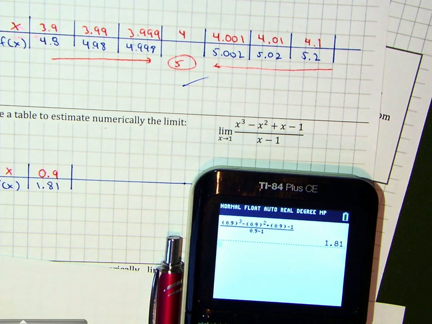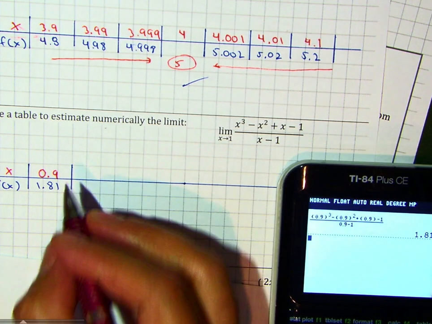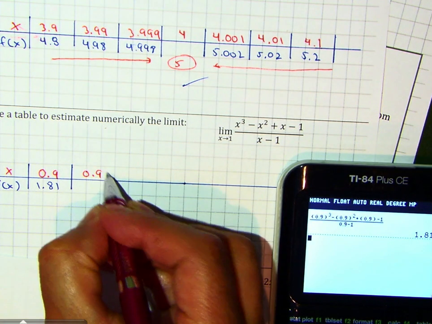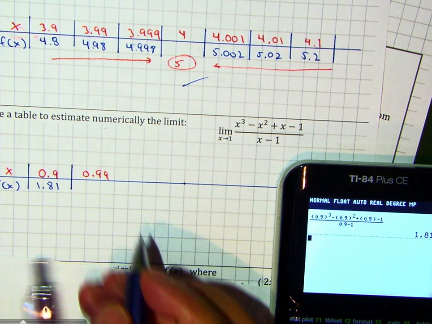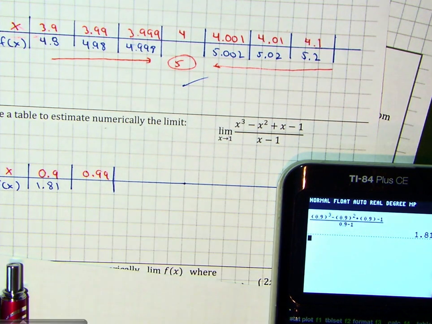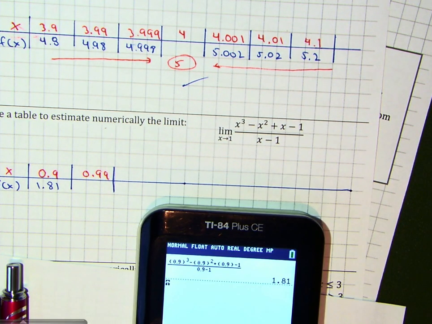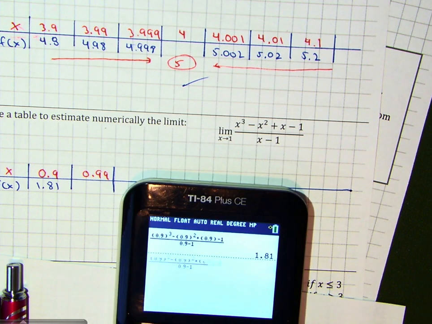Now, I want to get closer to 1, so therefore I'm going to plug in 0.99. Correct. So therefore, let me just go second entry, and then I can go back. If you have a cancel, you can just move up and retype it. And when I type this up, I'll just click on insert.